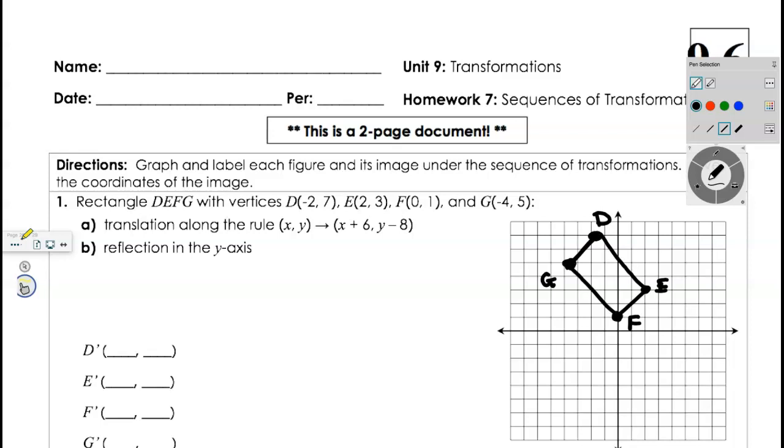When you're confident that you did it right, which I am, mine looks very much like a rectangle. If yours doesn't look like a rectangle, go check your dots.